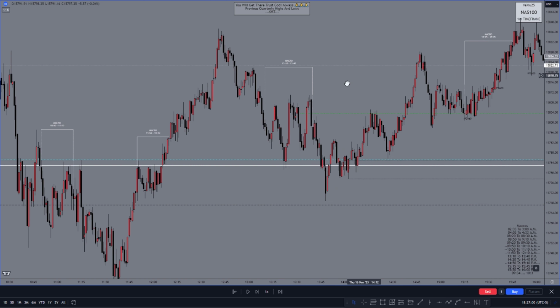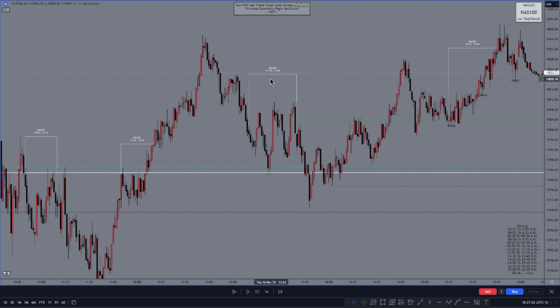Okay, here we have another macro, 1:10 to 1:40. This is an expansion macro, and sometimes it's also a turtle soup macro, as you can see here, where it takes the swing high and displaces lower. You know what I mean? So this is a good macro to trade if you have a breaker on the left side of the chart aligned with this macro.